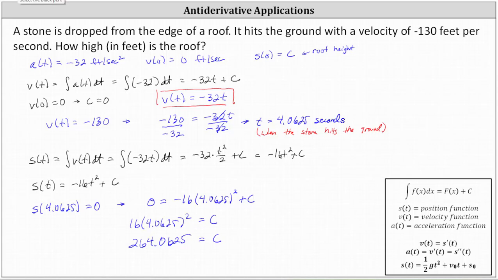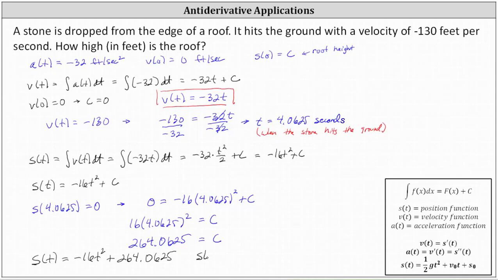So again, now we know the position function is s of t equals negative 16t squared plus 264.0625, and therefore c is the initial height, and therefore also the height of the roof.